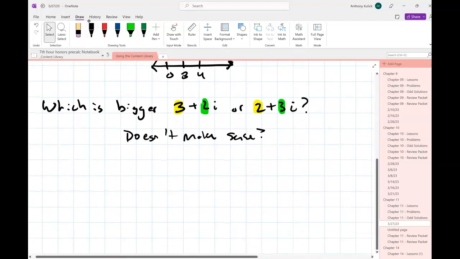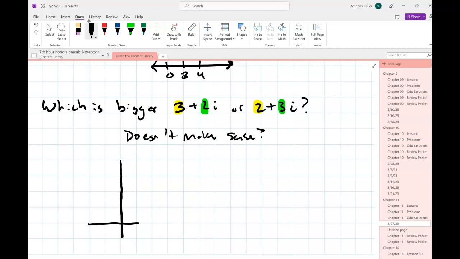What you would need in order to place these is, instead of a number line, a plane. The x-axis here we call the real axis, because we're going to plot the real part of our complex number on that one.